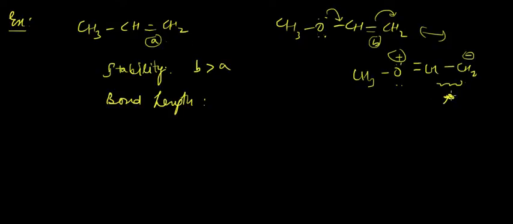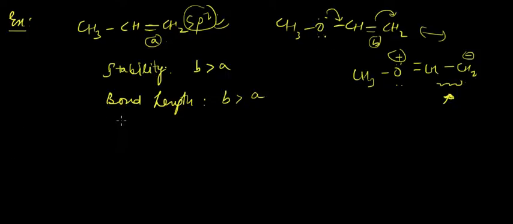So this compound will be having sp2 character, but this compound in the resonating structure would have partial sp3 character. In sp2 character we know the bond length is shorter than the sp3 bond length, hence the bond length of B would also be greater than A, right?